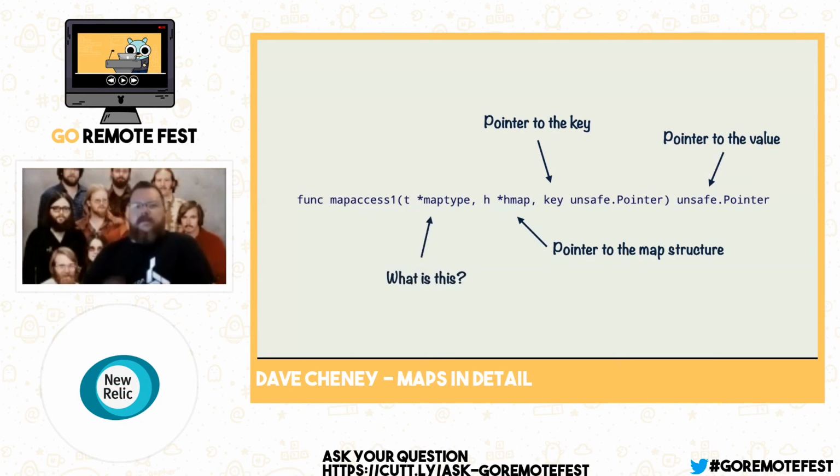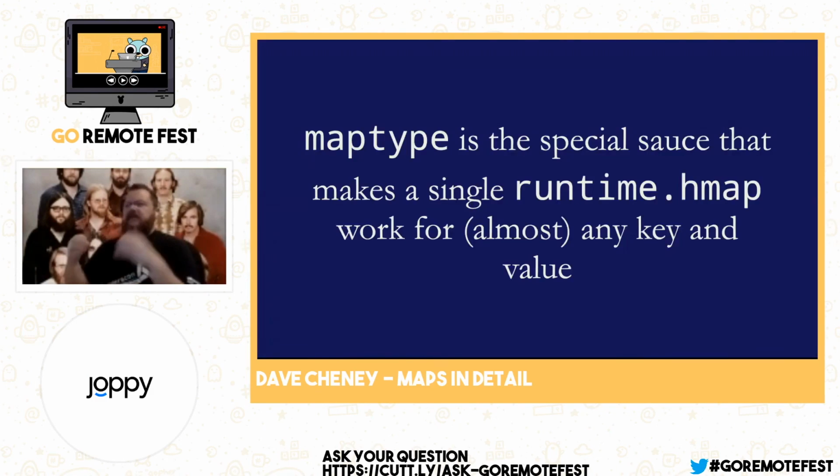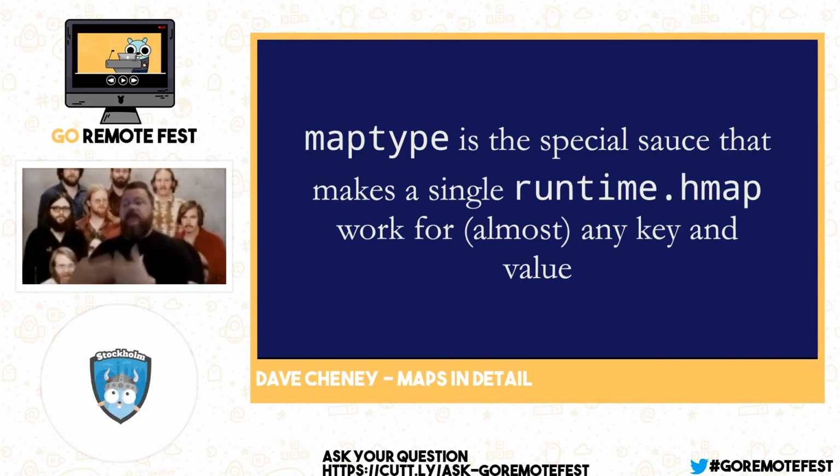We also have this thing called a map type, and the map type is the special sauce that makes this all work together. The map type lets a single runtime Hmap type, the generic type that map access uses, specialize for any key and value.